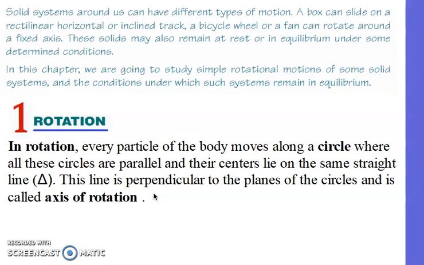Every point on the door will describe a circle. I mean, its trajectory is a circle, every point. Where is the center of each circle? You know, the center of each circle lies along the vertical line joining the hinges, right? Okay.